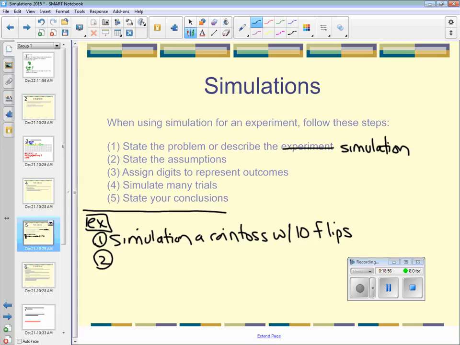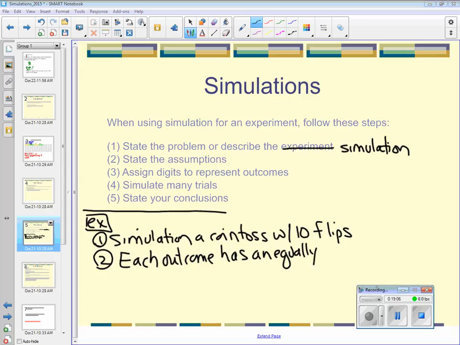So each outcome has an equally likely probability. And that's almost always the thing we're going to assume, okay? I would say number 2 is probably a statement that we're always going to say, okay?